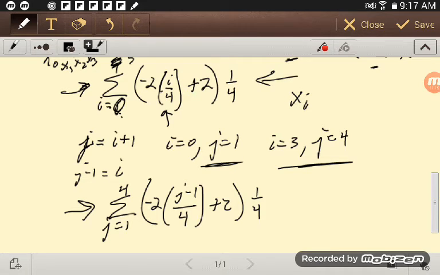Your textbook, I don't know, they're afraid to go from 0. I don't think I see anything in the textbook that starts at 0.